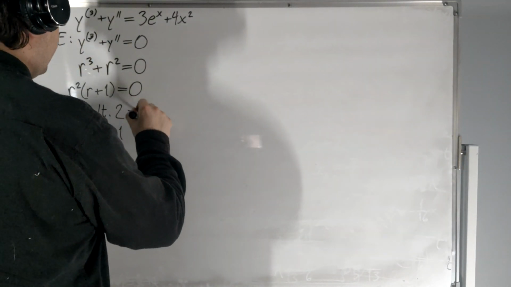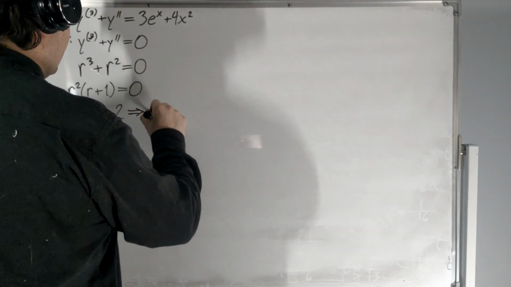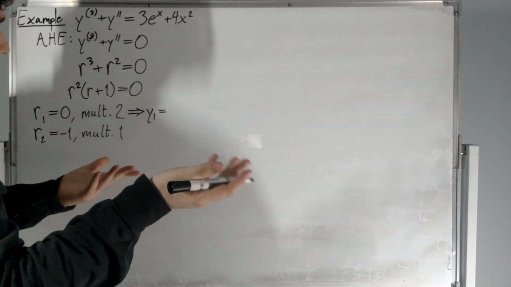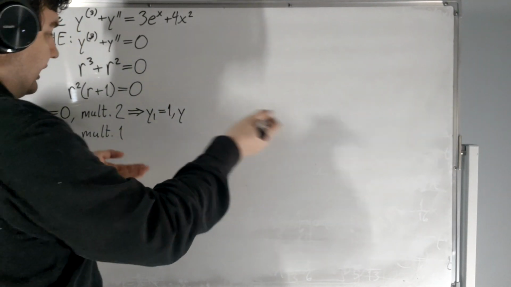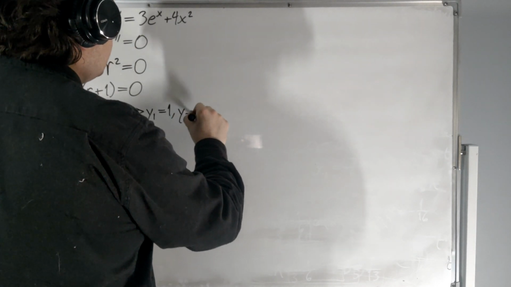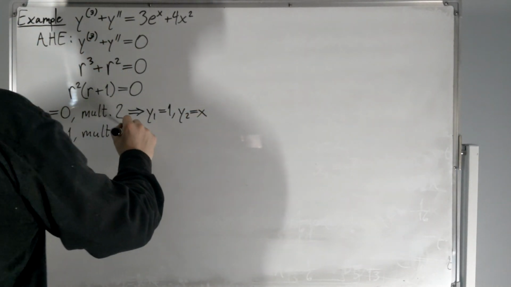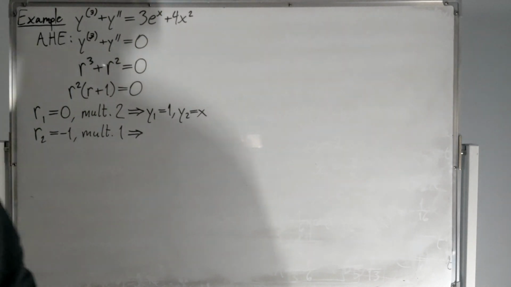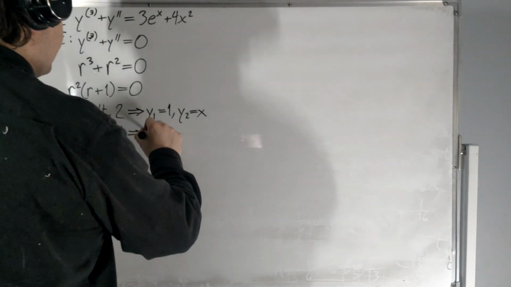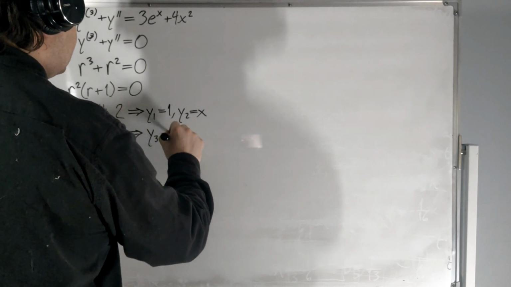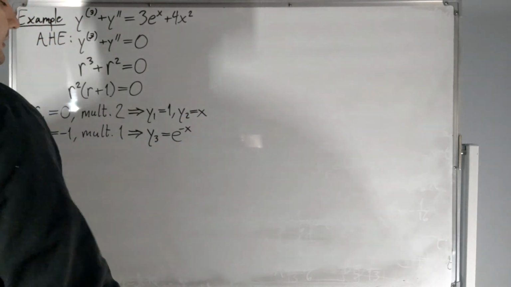That implies the existence of two solutions for 0. We have y1 is e to the 0, which is 1, and then x times that, which is just x. And meanwhile, we have r2 coming in with y3 equals e to the negative 1x.